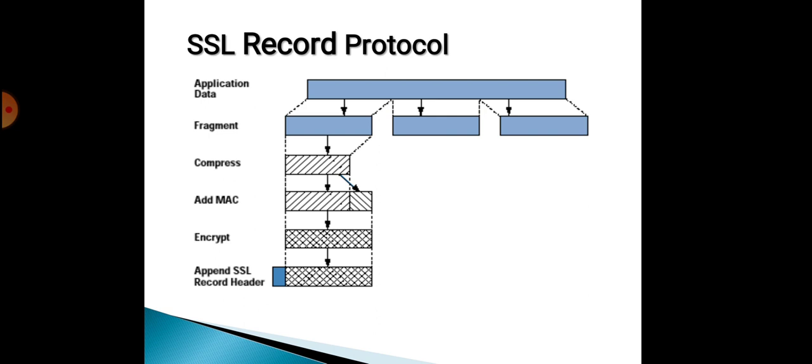The SSL record protocol operation is fully shown in the diagram. The record protocol takes an application message to transmit, fragments the data, compresses it, applies MAC, encrypts, adds the header, and transmits it in a TCP segment. Do you understand this topic? This is a very easy topic.